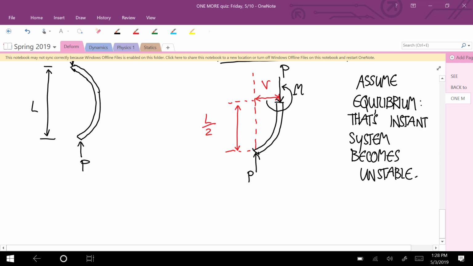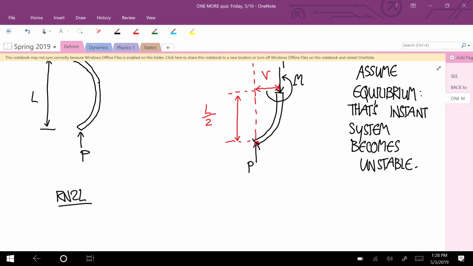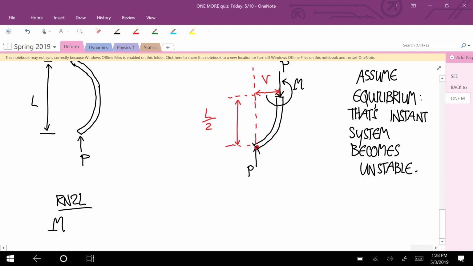And so now if you go to rotational Newton's second law, and this is the about point, what you get is the bending moment M, and then minus the force times the deflection is equal to 0.